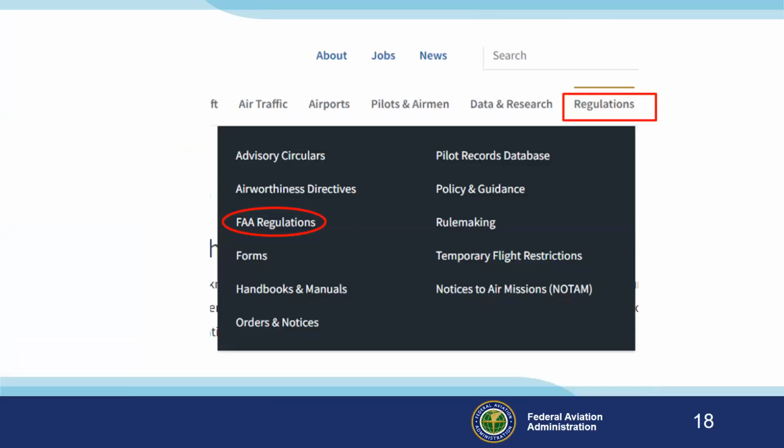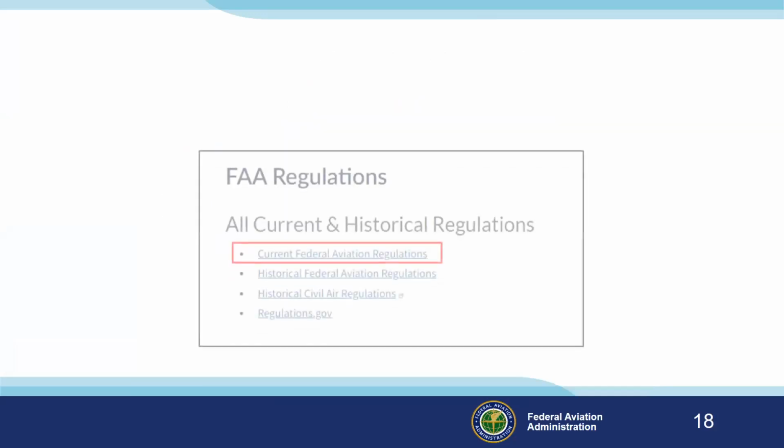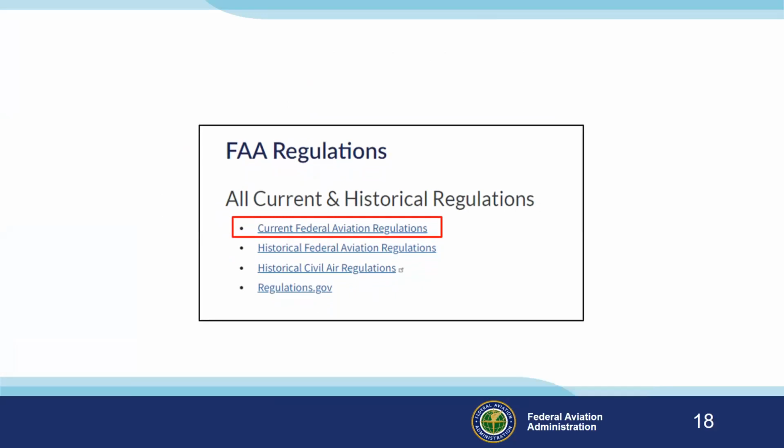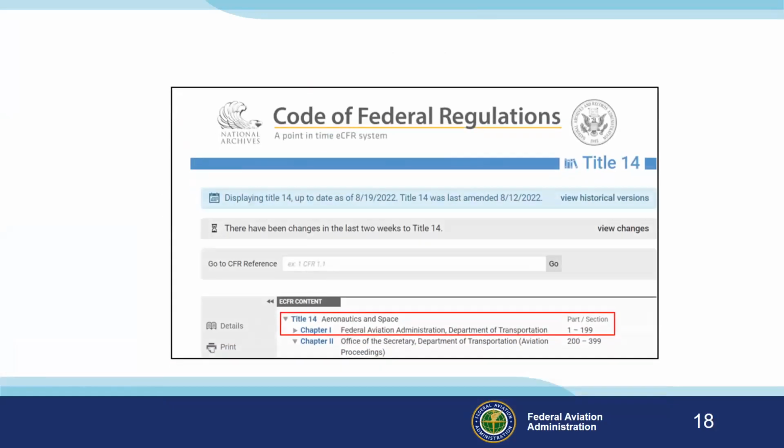Under the regulations tab, if you click FAA regulations, it'll bring you to this window, and then you want to pick current federal aviation regulations. Takes you to the electronic code of federal regulations page, and the ones that are most pertinent for our purposes are part 1 through 199.